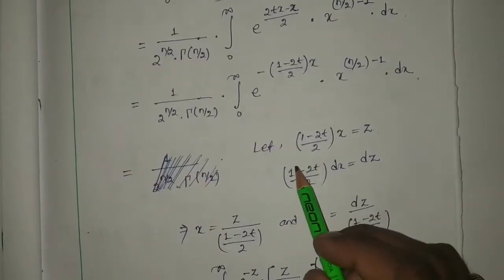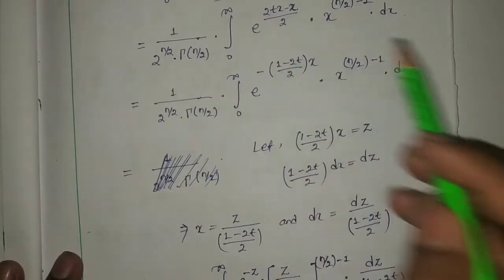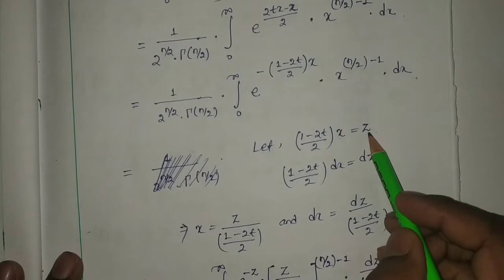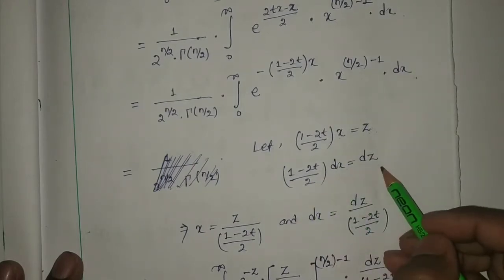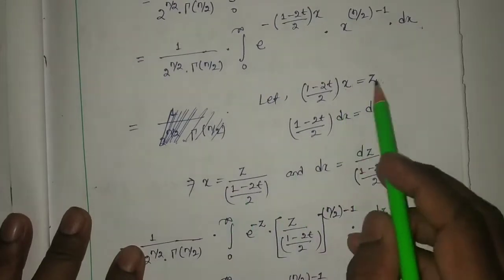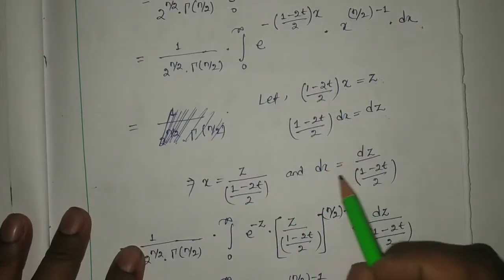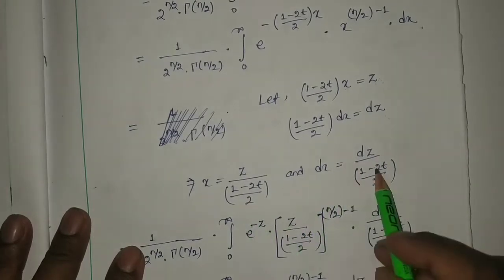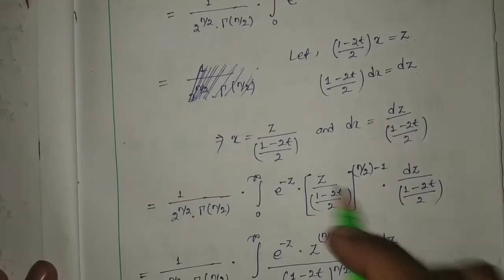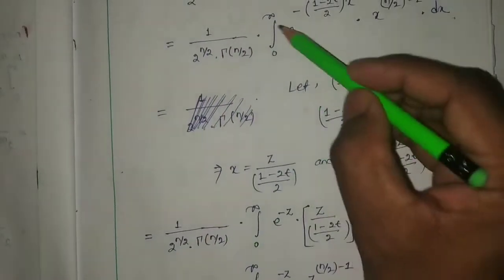Now we have to consider this whole thing equal to z, right? So 1 minus 2t by 2 dx will be equal to dz, and x will be equal to z by 1 minus 2t by 2, and dx will be dz by this much, right? Now this constant is written as such, 0 to infinity.